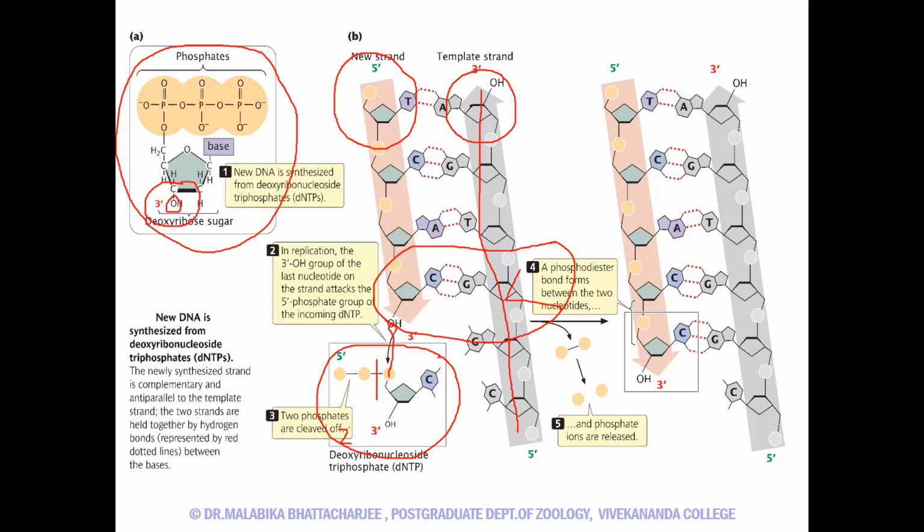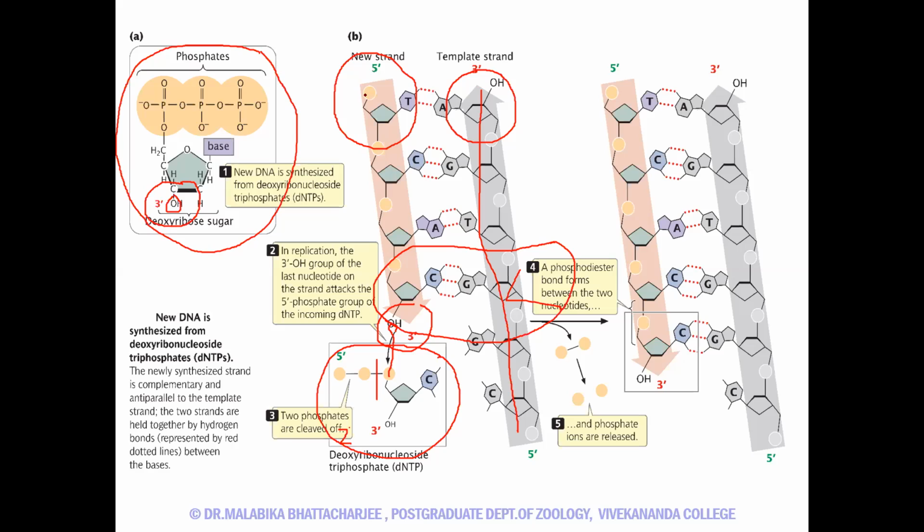There is another thing that should be kept in mind: new nucleotides can only be added to the 3' end. New nucleotides cannot be added to the 5' end. I'll not say it can never be done, let's keep that as an exception.